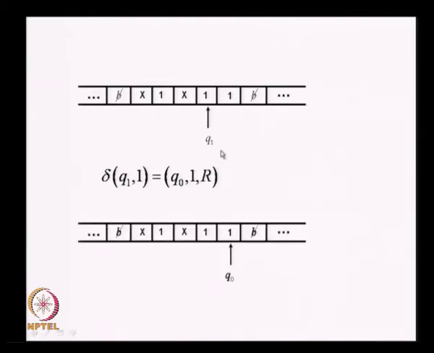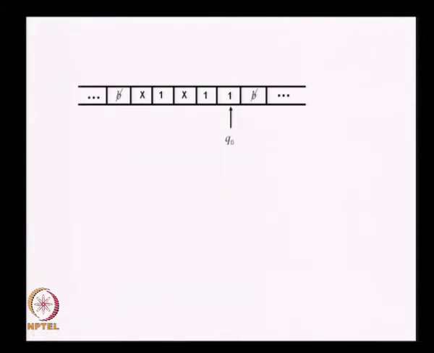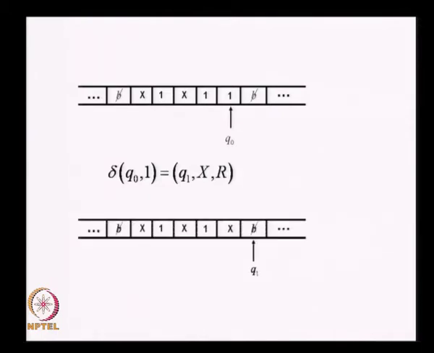The last symbol it reads is a 1, it reads it in Q0 and using the mapping delta of Q0 1 = Q1 X R, it changes that into X and moves right. Now, it sees the blank in state Q1, that means it has encountered an odd number of 1s.